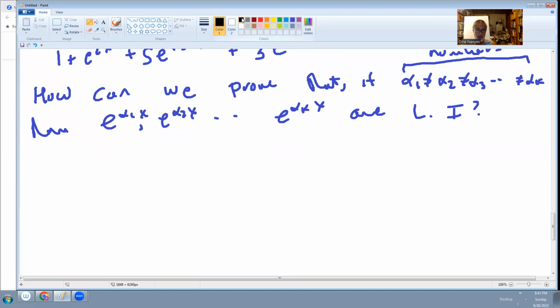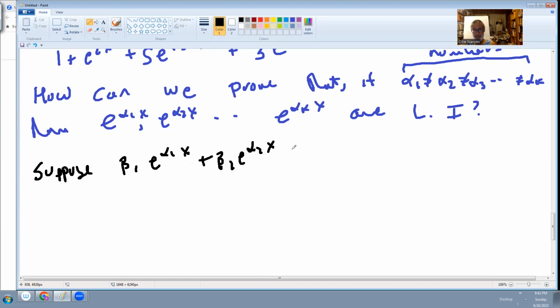So what we do is suppose, like before, beta 1 e to the alpha 1 x plus beta 2 e to the alpha 2 x plus beta k e to the alpha k x is equal to 0, where all the alpha 1, alpha 2, alpha k are all different. So suppose you have that. Now here's what we're going to do. If this is the case, we're going to do a little calculus.